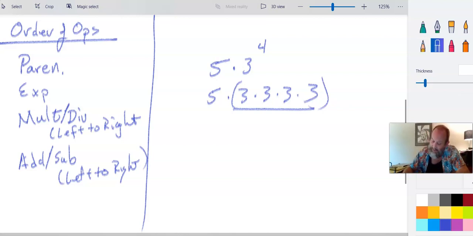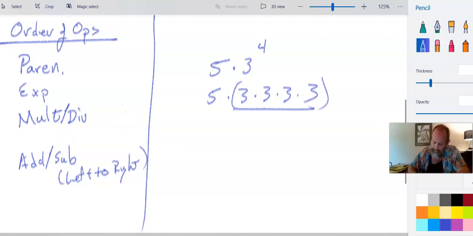And then the other thing, where does division and multiplication fit in here? Well, division is the same thing as multiplication, right? If I look at something like 5 divided by 10 times 2.